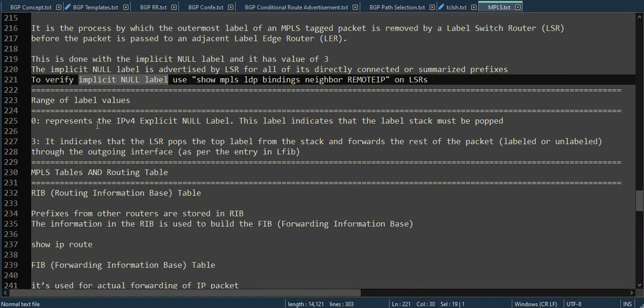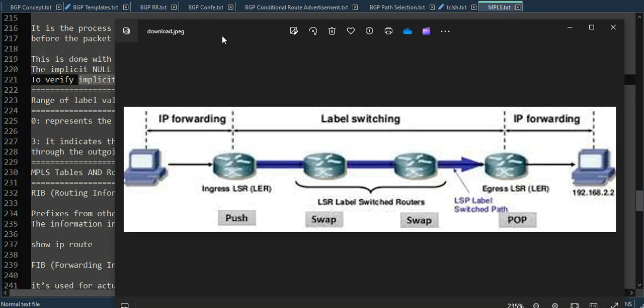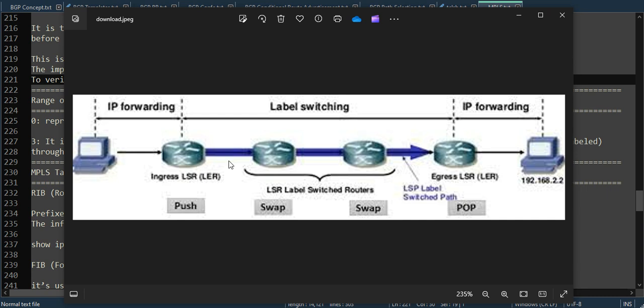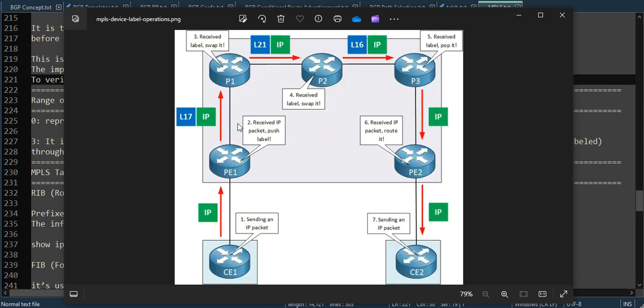And the other one, let's show another picture of this one. Now we can understand what the ingress LSR or LER is. There's another picture. This is the backbone P routers, and this is another picture. We have the CE forwarding an IP packet.